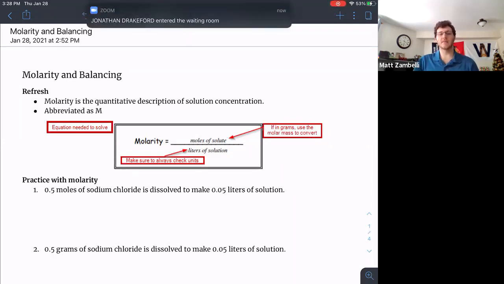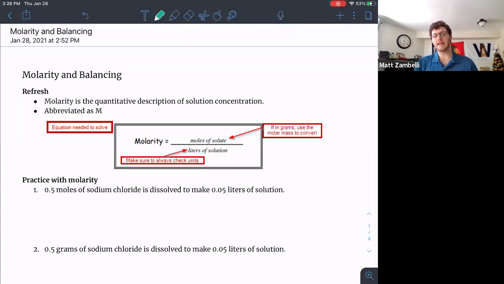The other thing is sometimes we're given milliliters or centiliters instead of liters, and we need to make sure that the units for the bottom are in liters before we use that part of our equation. So we just need to double check our units before we do any of these problems. So let's take a look. We'll do one together, or maybe two, to refresh our memory.